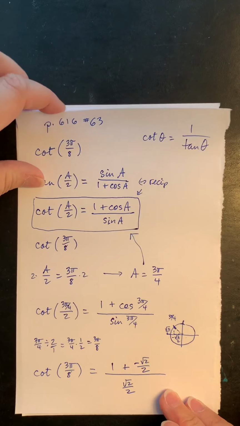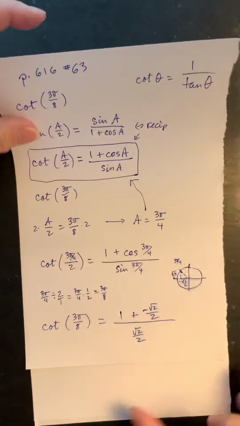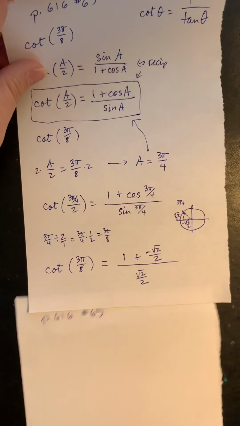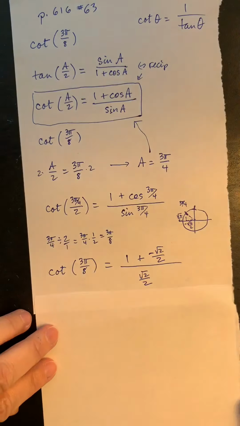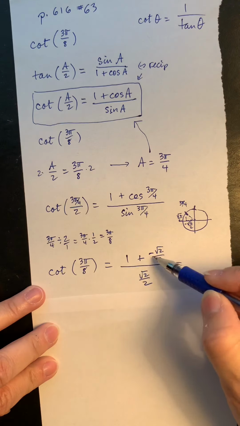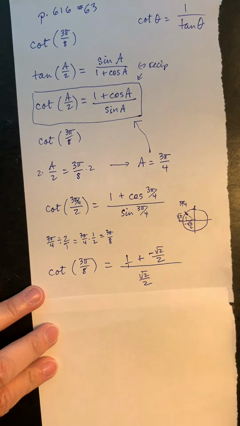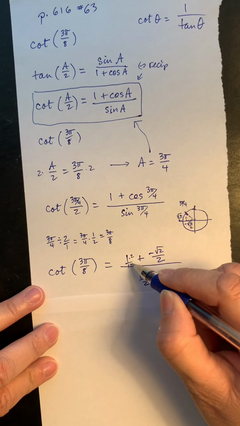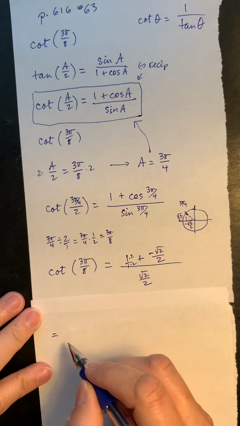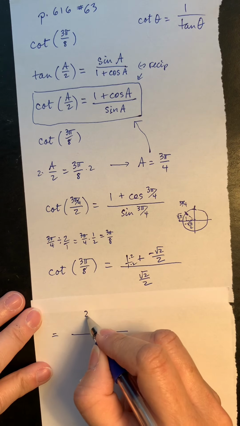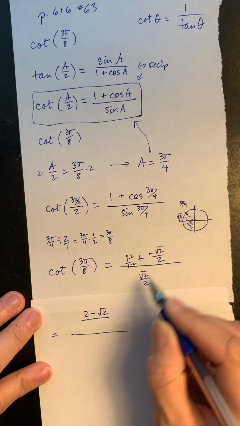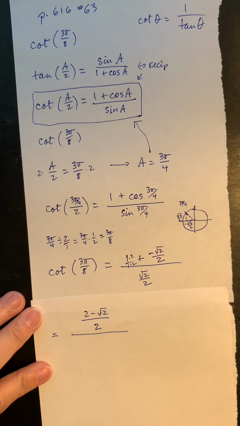Okay, then we need to simplify this. A little bit more room to work here. In the numerator, we're going to add these fractions together. Common denominator, so I'm going to multiply this by 2 over 2. Then I'm going to have 2 minus root 2 divided by the common denominator of 2.